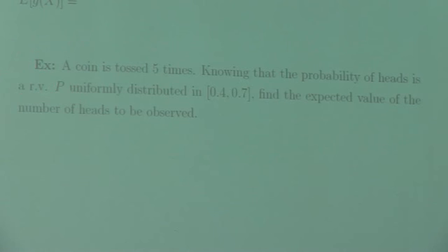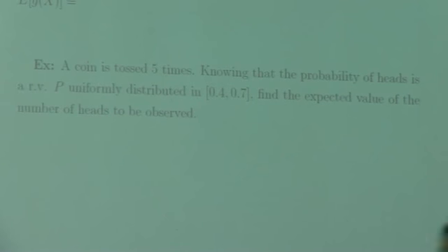So we need to condition on it taking a certain value and take an expectation over the distribution of p. Let me go slowly with this example. I think this is very fundamental.